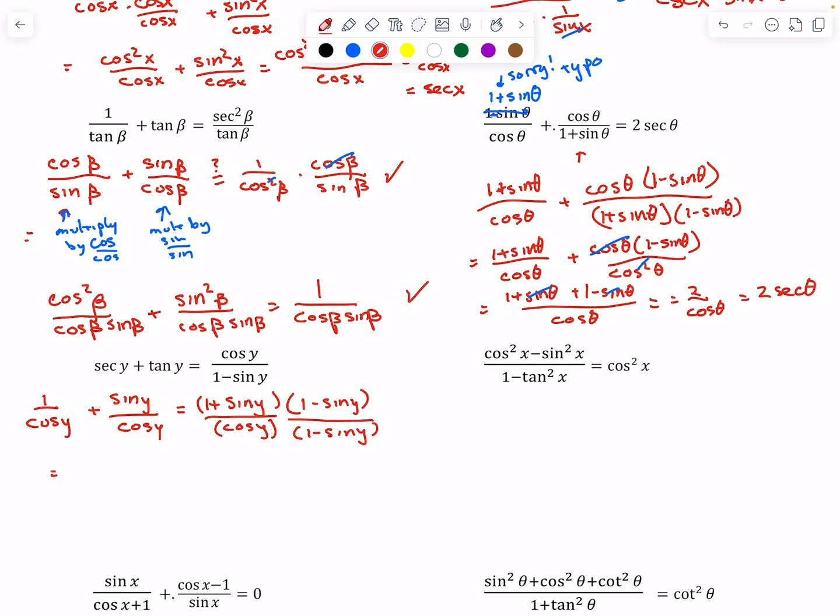Okay, so that's 1 minus sine squared is cosine squared. I skipped one step because we just did it 3 times. So that is cosine over 1 minus sine.